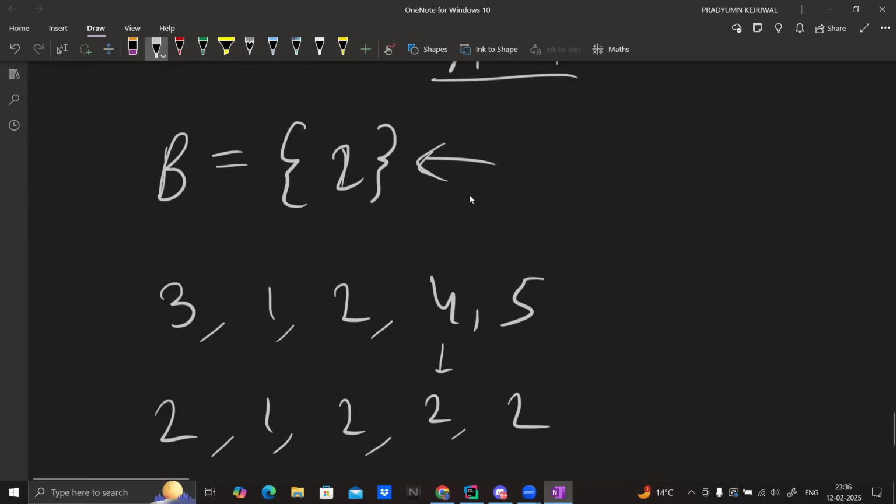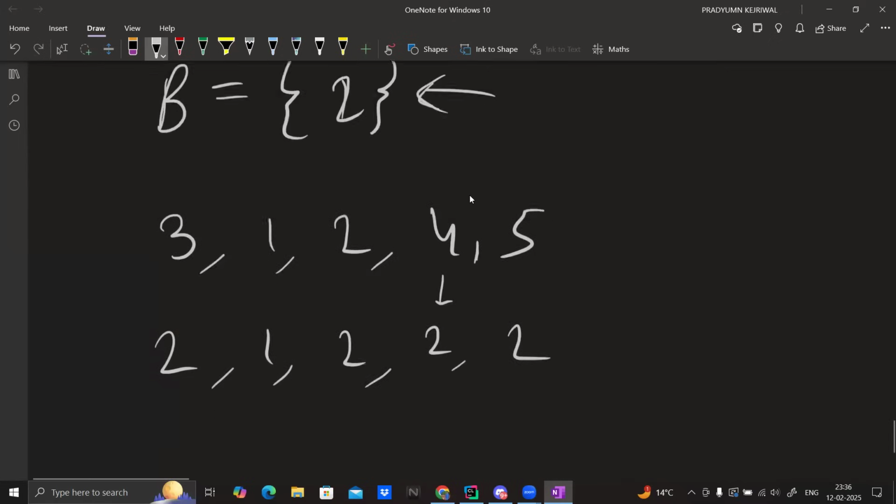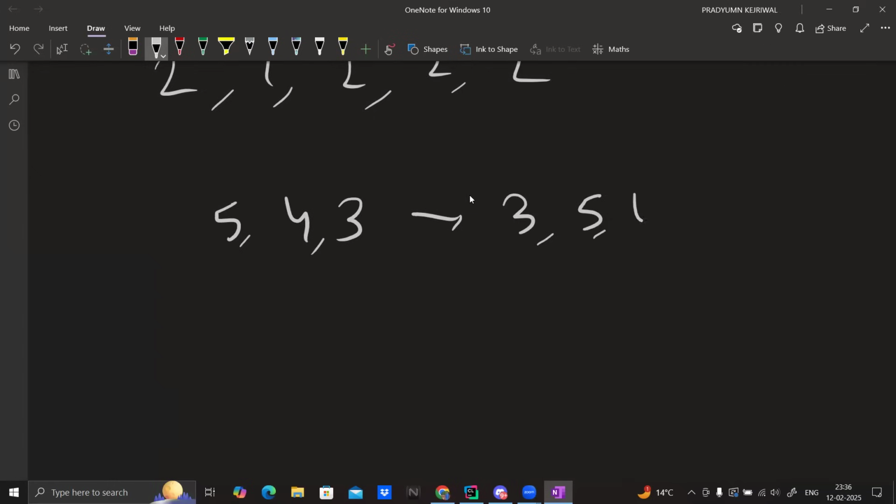But if the length of B is not 1, then if you are applying at some index, you will find the first index which is greater than the smallest element in B. Okay, so first of all, you will cyclically shift the B, right? So if it is 5, 4, 3, then you will make it 3, 5, 4. And then in the array A, you will find the first element that is greater than 3, right?